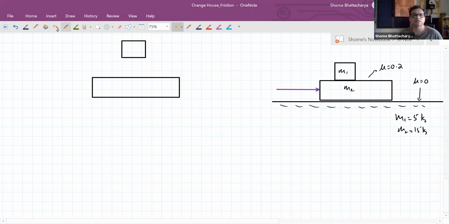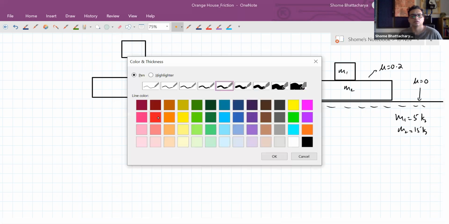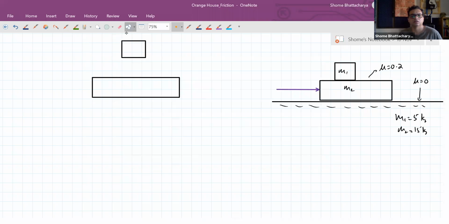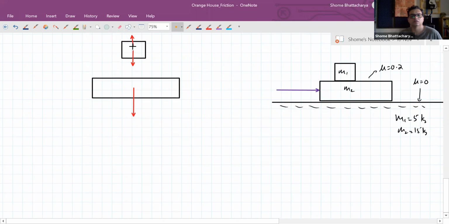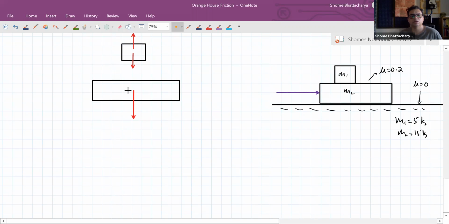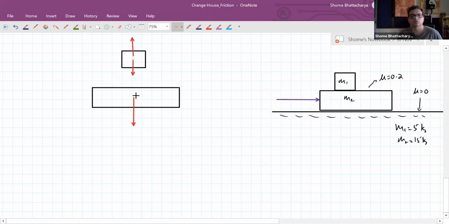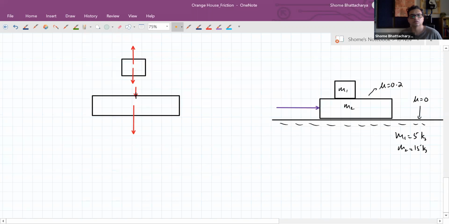So if you look at the detailed free body diagrams individually, we will now understand: weight, weight, some kind of normal reaction, one normal reaction acting down on this, another normal reaction acting up from the ground.